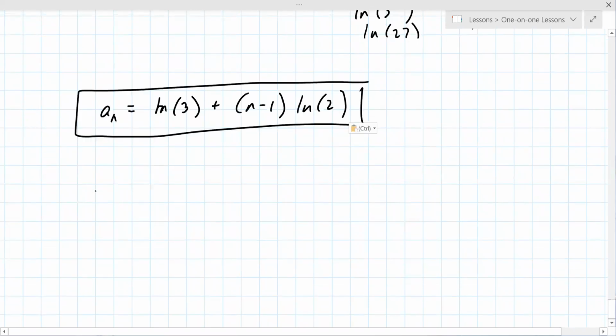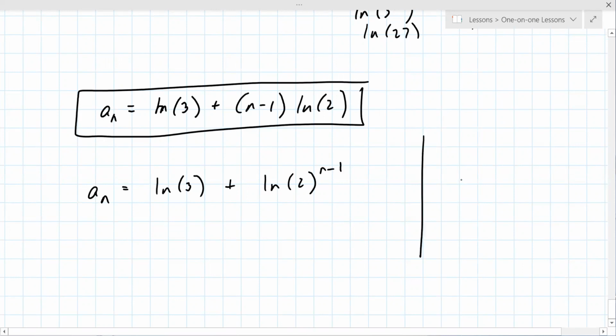So a_n equals natural log of 3 plus natural log of 2 to the n minus 1 power. The reason you can do this is n natural log of x becomes natural log of x to the n. This n comes up, that's just a property of logarithms. That's how this n minus 1 comes up here. Now, really, this is written as 2 to the n minus 1 power like that.